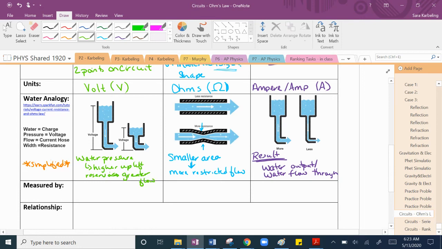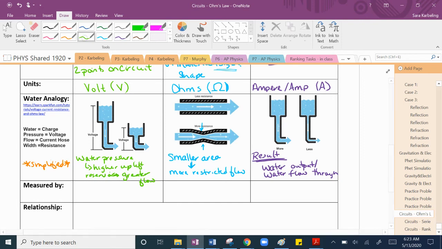Okay, the bigger the battery you have, so you have a 1.5 volt battery, you have a 9 volt battery, you have a 12 volt battery, the bigger that battery is, the more energy it's giving to those electrons. Okay, so hopefully that analogy helps a little bit. If not, you can for sure look that up a little bit. We can talk about it if you have questions.